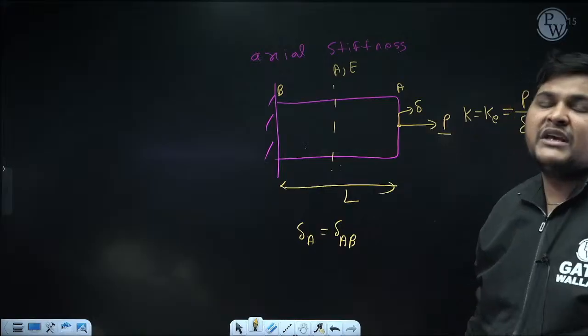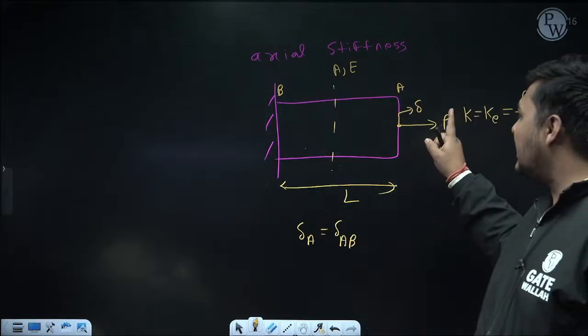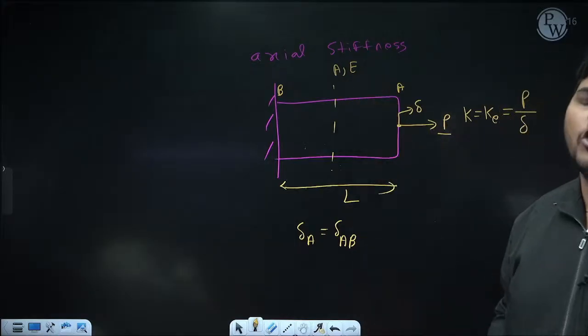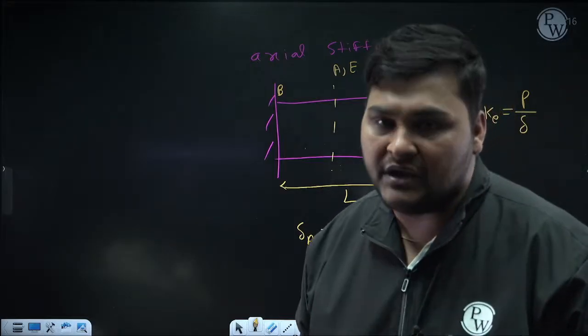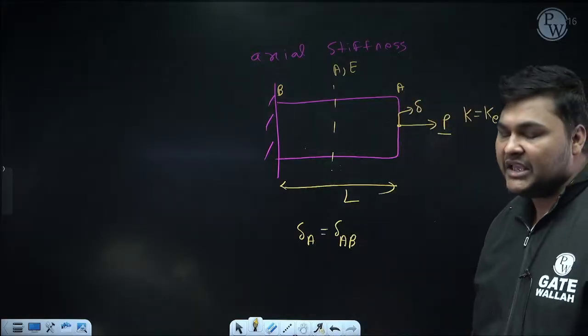Now this formula we have studied in strength of materials. If in any portion of the bar an axial load P is acting, and the area and Young modulus of that portion are constant, then the formula to calculate change in length of that portion is PL upon AE, where P is the axial force on each cross section of the bar, A is area, E is Young modulus.